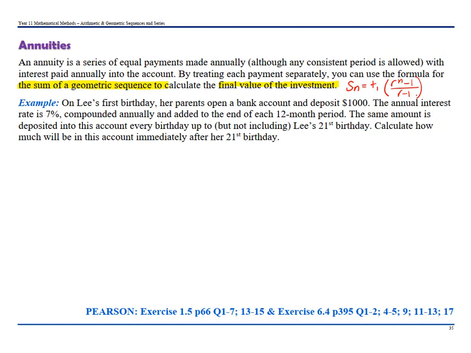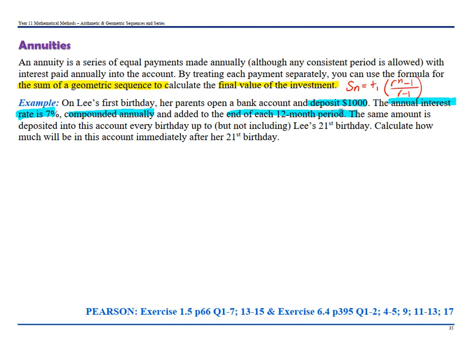So if we look at the example, on Lee's first birthday, her parents open a bank account and deposit $1,000. The annual interest rate is 7%, compounded annually, and added to the end of each 12-month period. So that's where that compounding comes in.